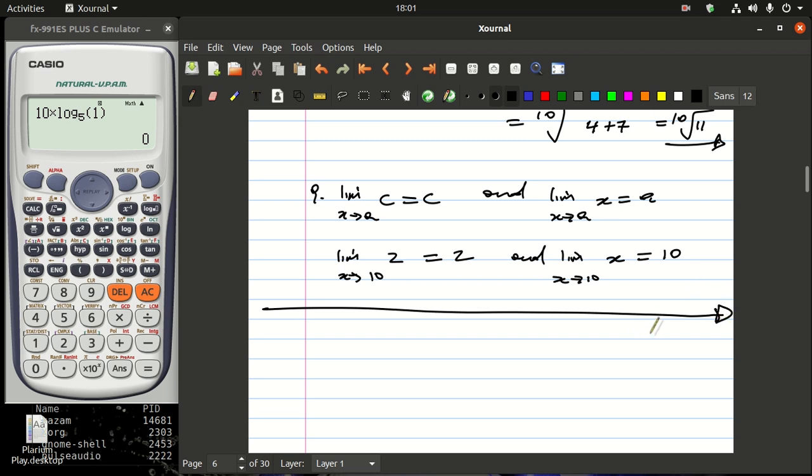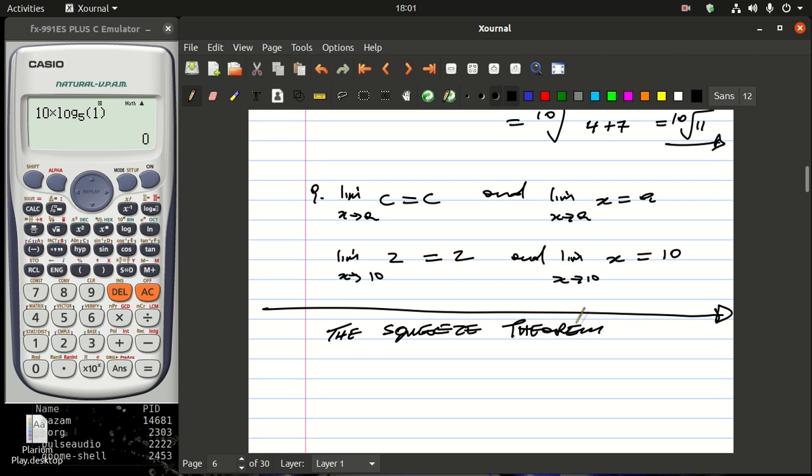I am going to stop here, and in the next lesson we will be talking about the squeeze theorem.